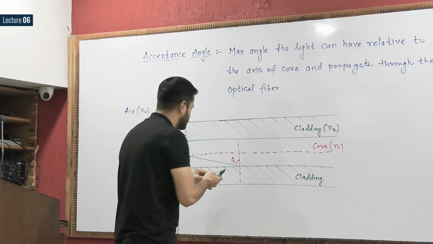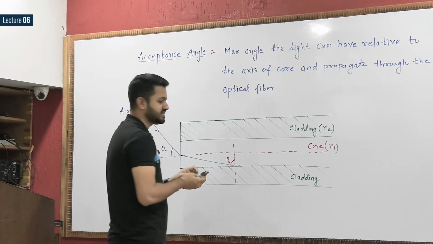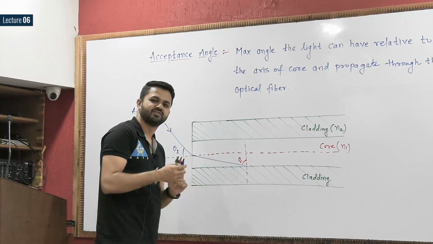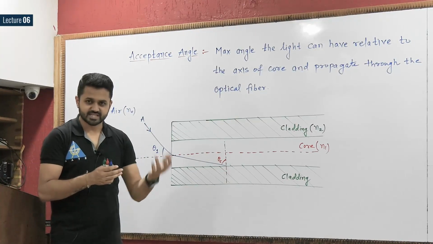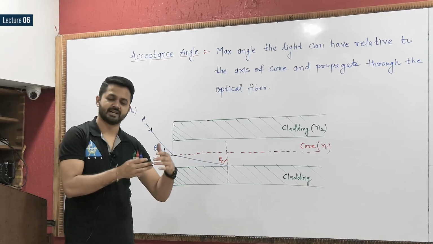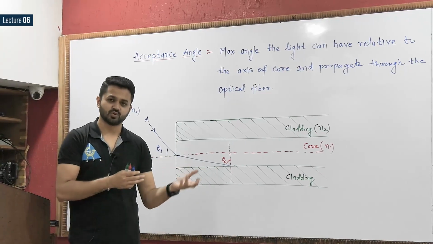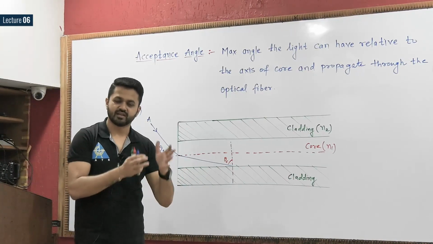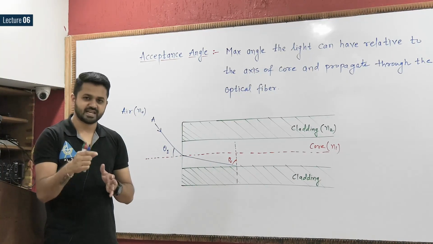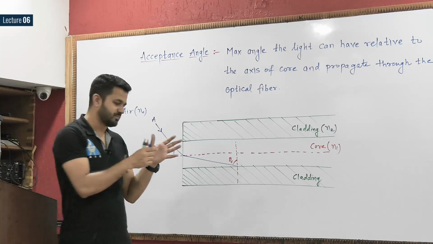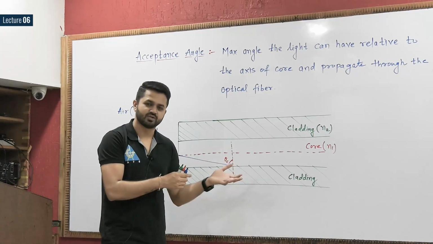Now if it is just greater than θc, then, as we discussed in the total internal reflection concept, when light travels from denser to rarer, such as from glass to air, and makes an angle greater than the critical angle, the complete light is reflected back into the same medium.